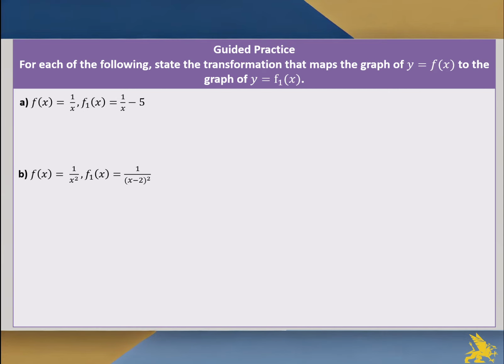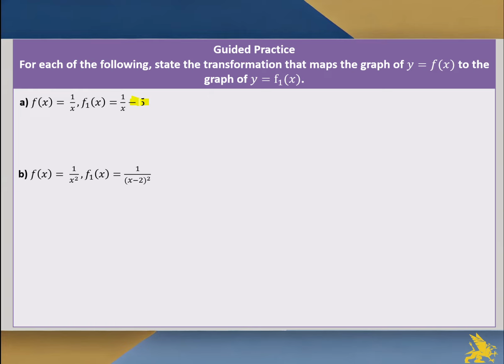Let's look at the next picture. So for this, it says for each of the following, state the transformation that maps the graph of y equals f of x to the graph of y equals f1x. So let's look at A. So we've got f of x is 1 over x, and our new function here, highlight this, the only part that's different is this part here.